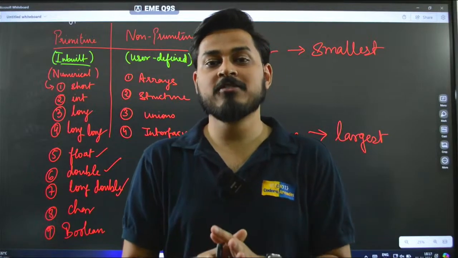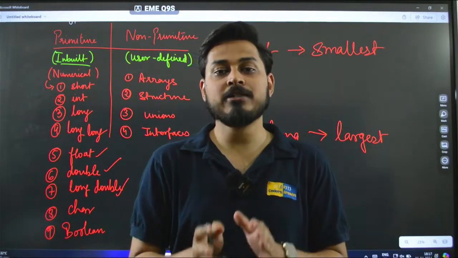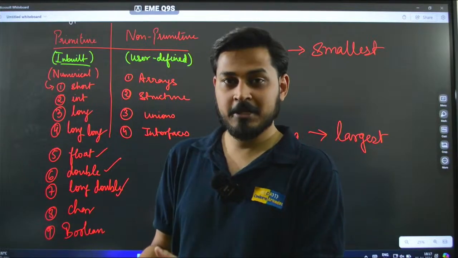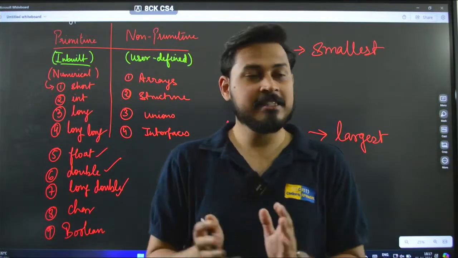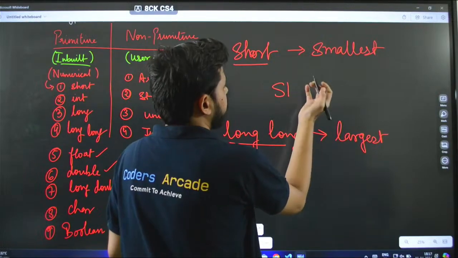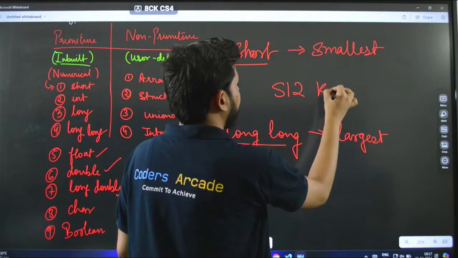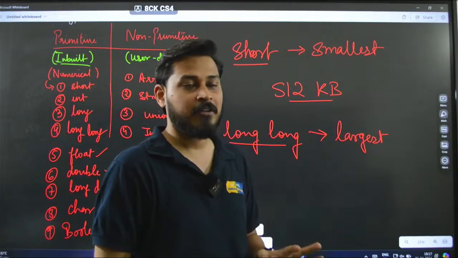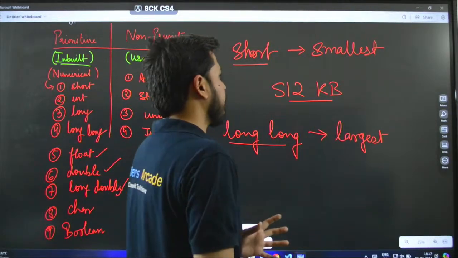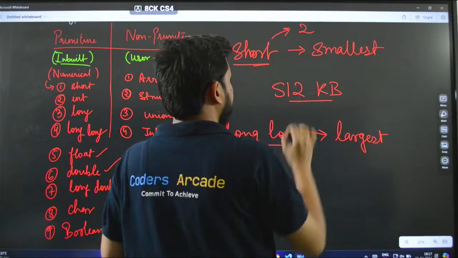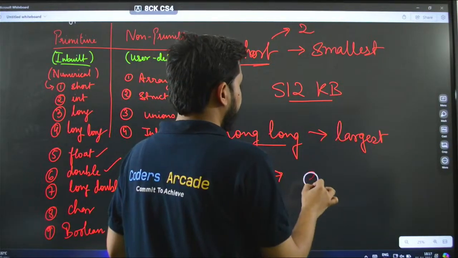In those kinds of scenarios, we had to go with a smaller data type rather than a larger data type. What I mean to say is, let's say you have 512 KBs of RAM. Now the thing is that short is 2 bytes, while long is 8 bytes.